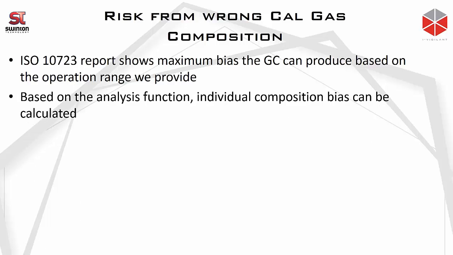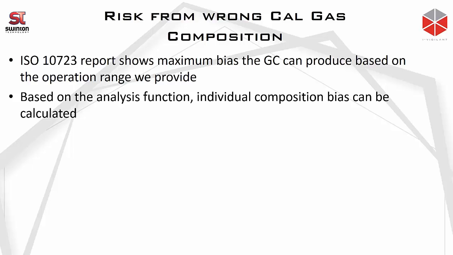Now, based on the analysis function, rather than doing a Monte Carlo simulation, we can analyze the individual composition bias from our gas composition. So if we have a GC that measures process gas, we can get the single point mole composition, we can also get the multi-level calibration composition, and then we can compare them.